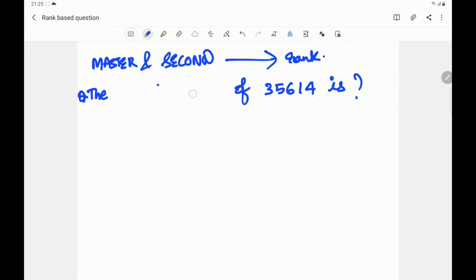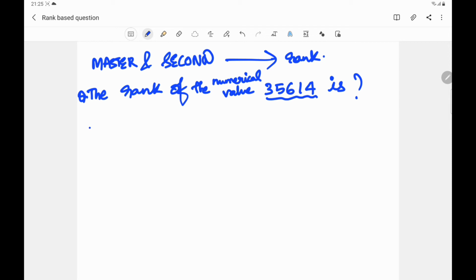So here, we need to find the rank of the numerical value 35614. This is the question.